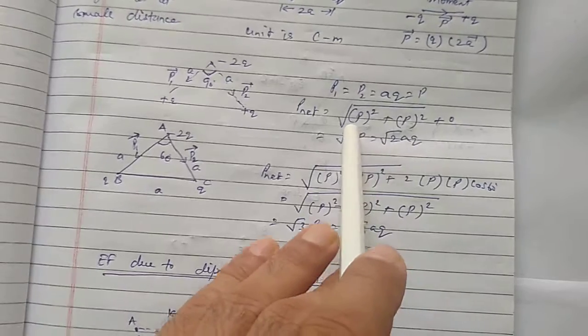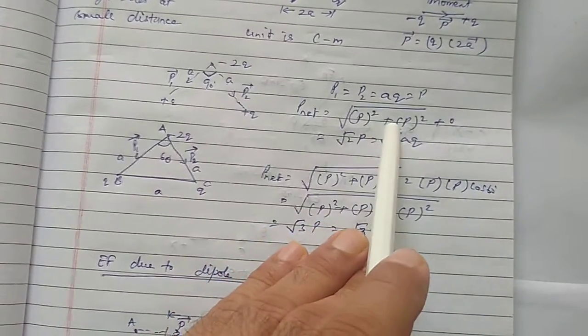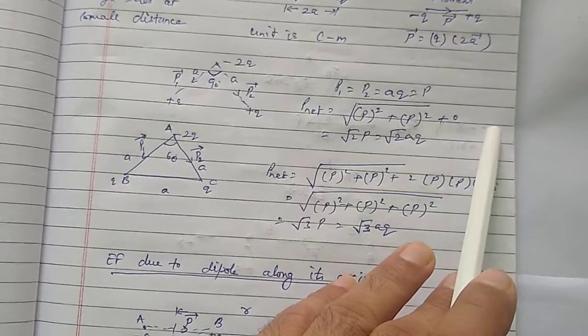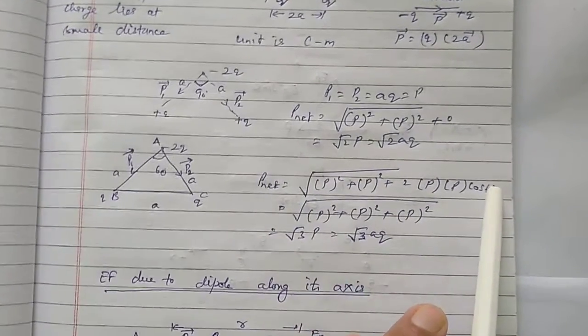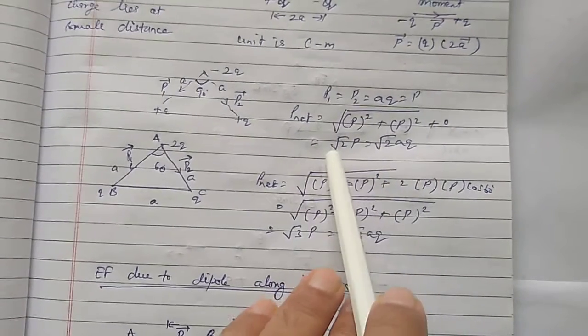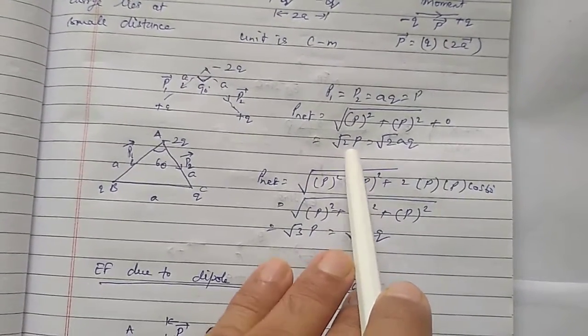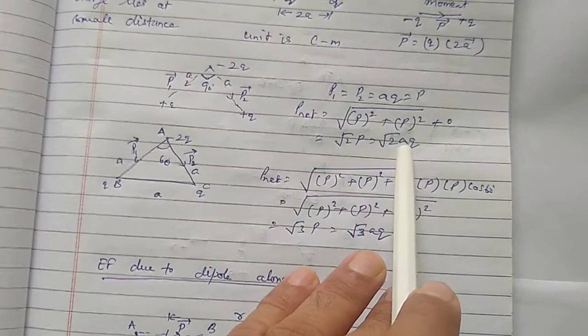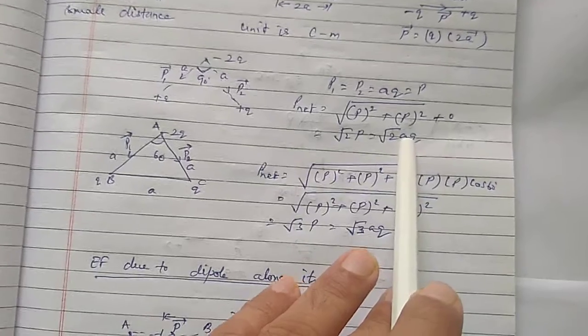So this is the law of parallelogram I have used, and cos 90 degree value is 0. Therefore I have only 2P square, and that comes out to be root 2 P, where P is equal to AQ, and hence the net dipole moment is given by root 2 AQ.